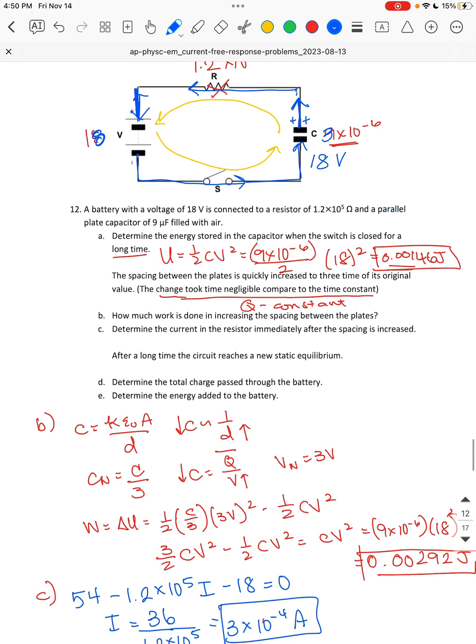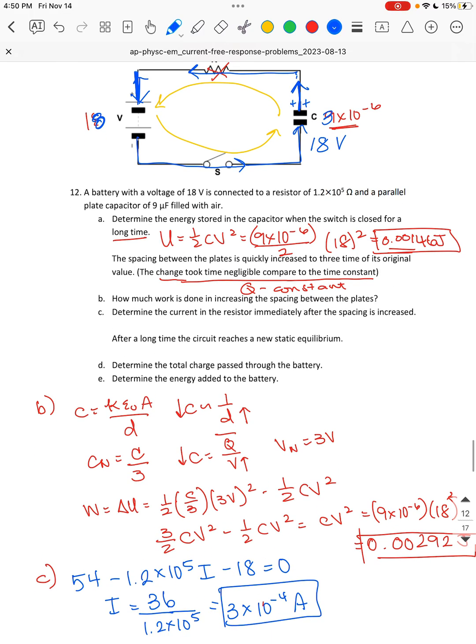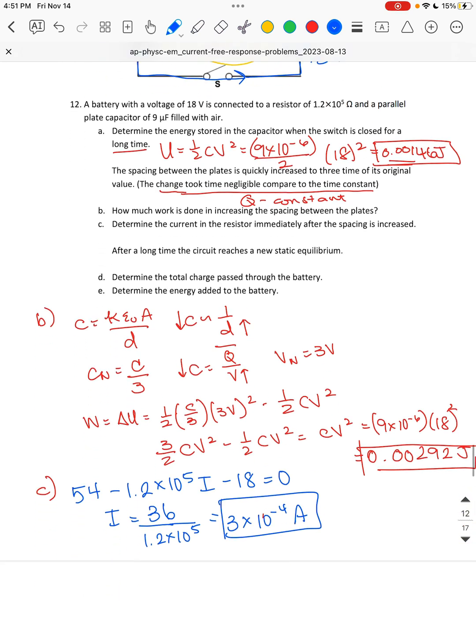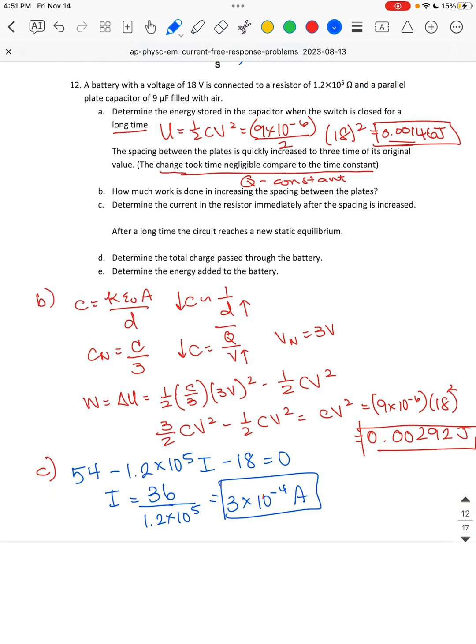So in this scenario, we're trying to find the total charge passed through the battery. We went from 54 volts down to 18 volts. And so that change is going to represent our charge. So I'm still going to use the capacitor equation. C equals Q over V, or Q is equal to CV.